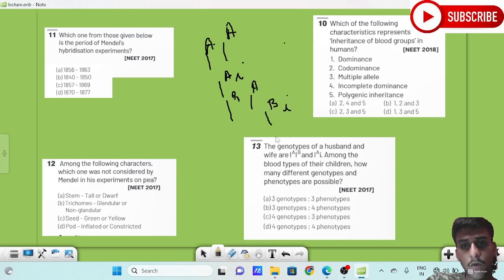Which means 2 into 2, 4 combinations are possible. So 4 phenotypes are possible. We have option B and D as 4. Now we can check how many genotypes are possible. Look, here it will form the AB blood group and the B blood group. So 3 genotypes. Option number B.